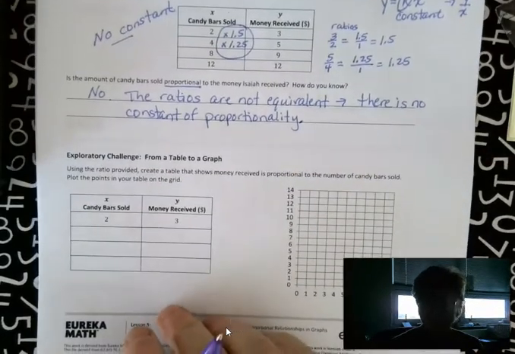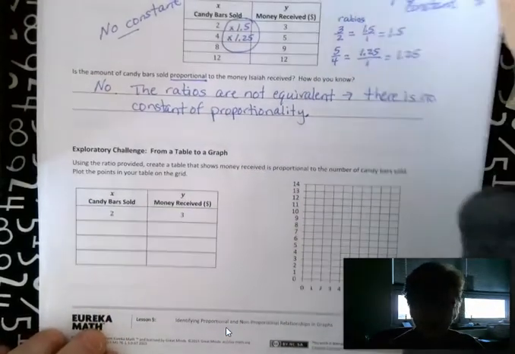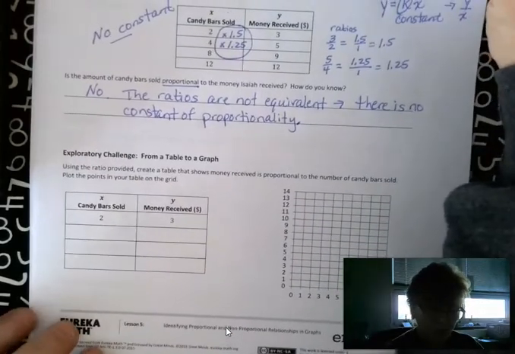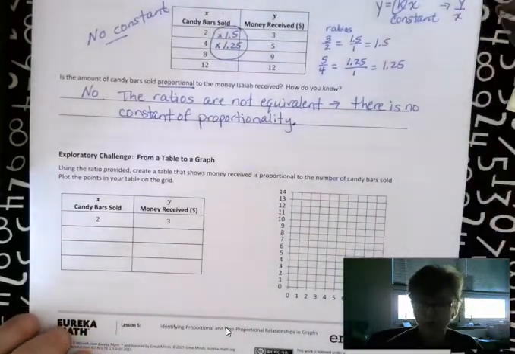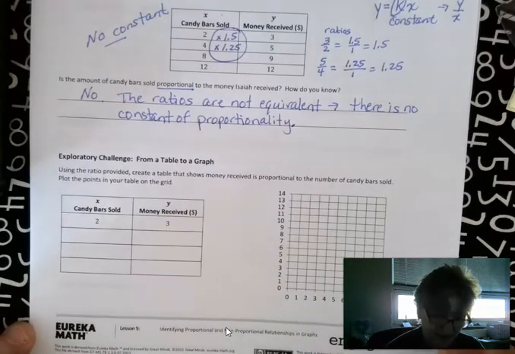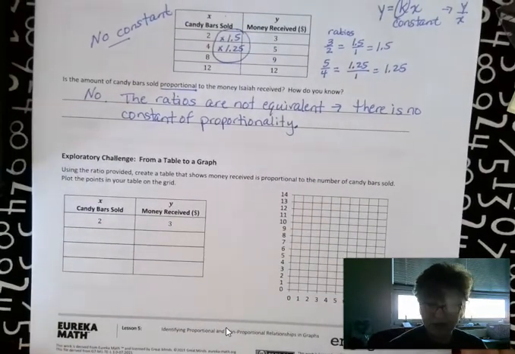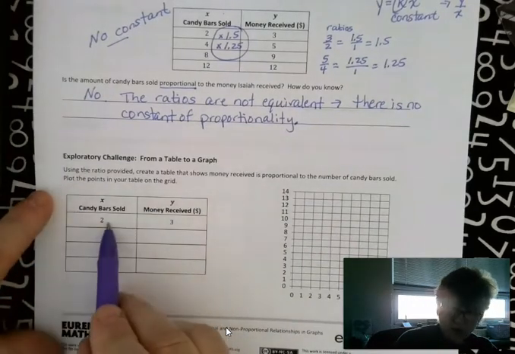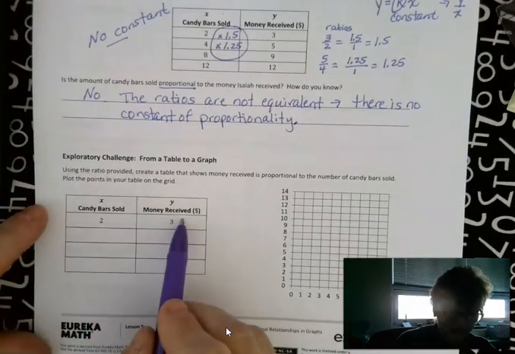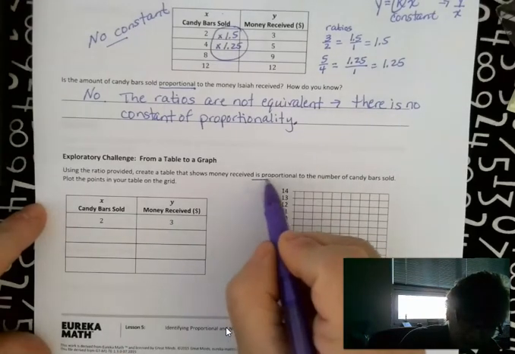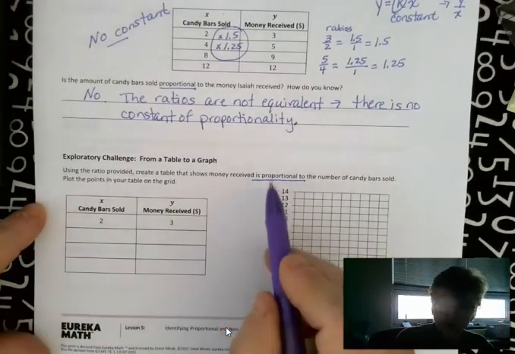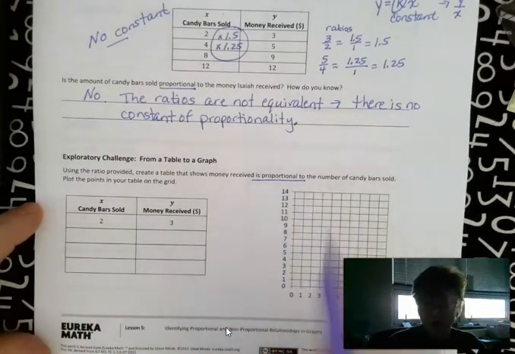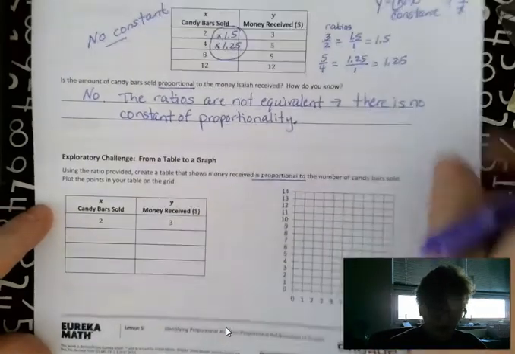If we look down here at this challenge, we're going to actually apply and move from a table to a graph, and you kind of have an experience with this when we did the bunches of flowers task at the beginning of this module. So down here, it's wanting us to use this ratio that's been provided to us, but they want us to come up with the other ratio so that it forms a proportional relationship.